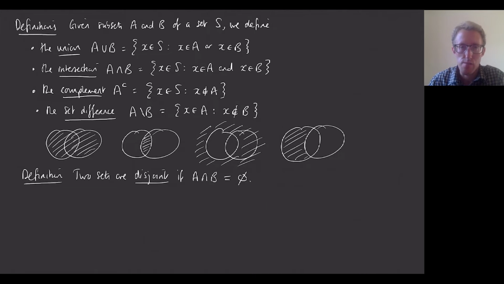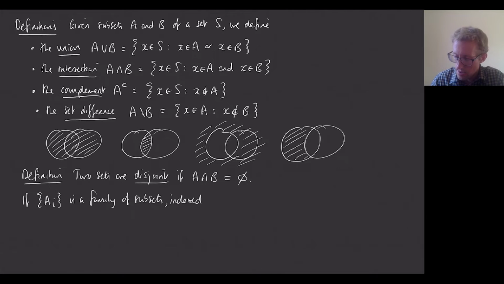You can also take unions and intersections of more than two sets, obviously. So if I have a family of sets, which I'll write like this, if A_i, inside curly brackets, is a family of subsets, it's indexed by the i, so that i would be a member of some indexing set, capital I, which very often will be a subset of the natural numbers, but it doesn't have to be.